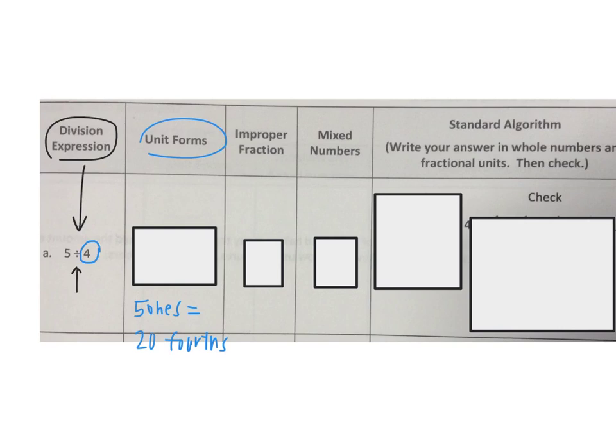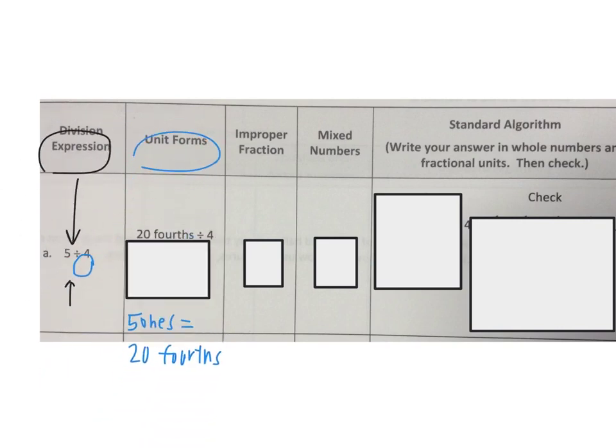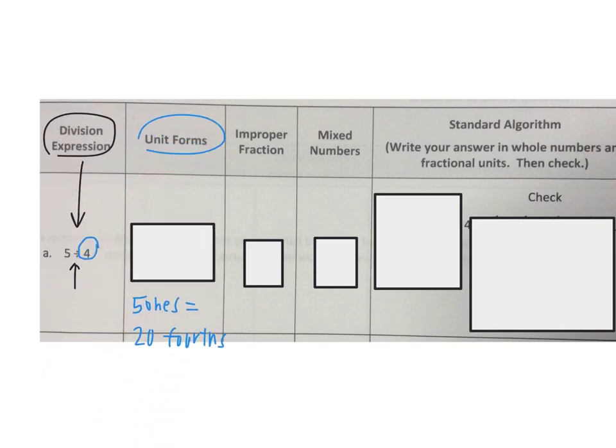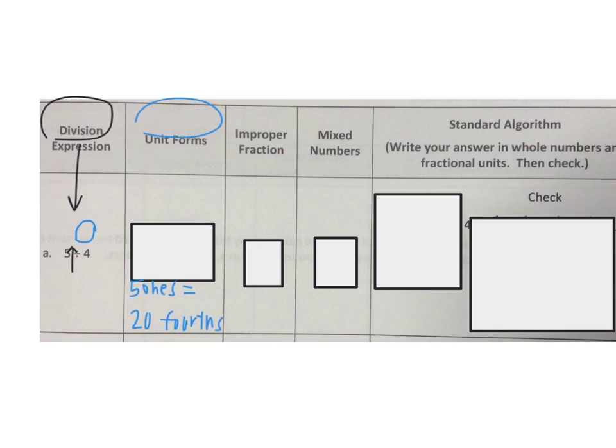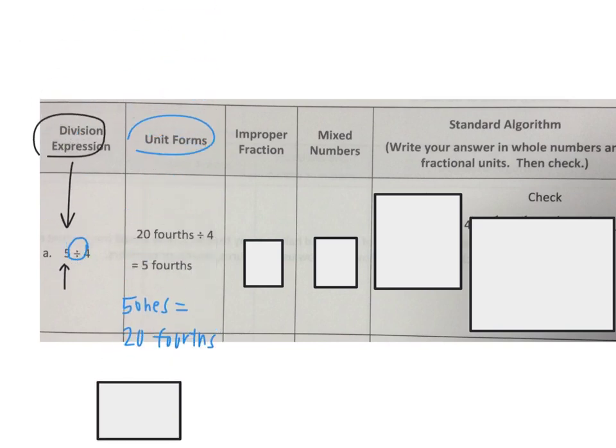Well, it would be 20 fourths divided by what? 20 fourths divided by 4. And then to make it complete, you would write the equals 5 fourths. Okay?